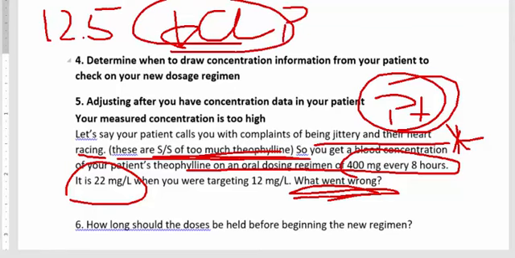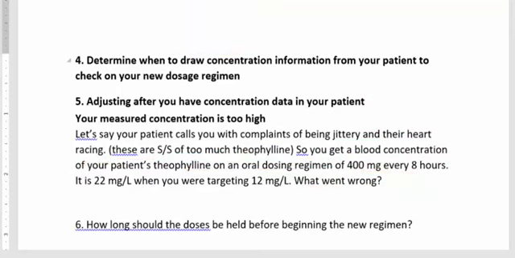This patient's clearance is actually much slower. So we're going to need to hold, we're going to need to give less, we're going to have to decrease their dose rate, obviously. And we need to know how long we're going to have to hold the theophylline before we start it again.